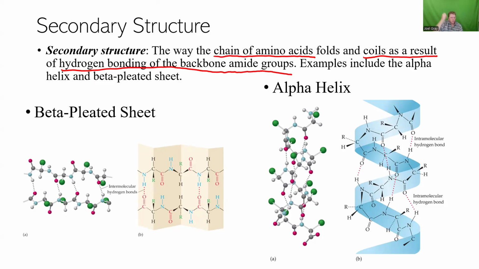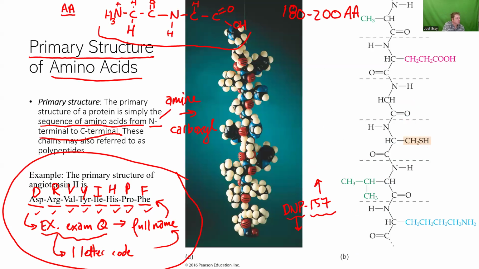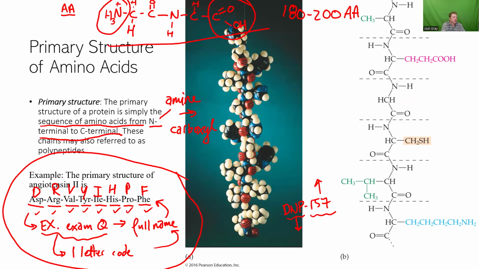Okay, so what this means is if we look back at this structure at the top here, this group and this group, they're far away from one another. But what can happen is that this whole molecule, rather than existing as a straight line, will kind of curve.